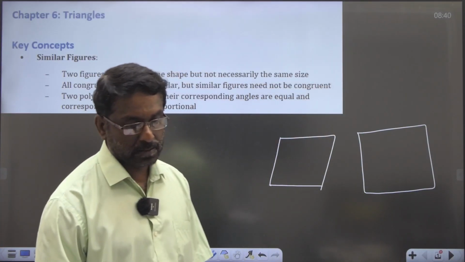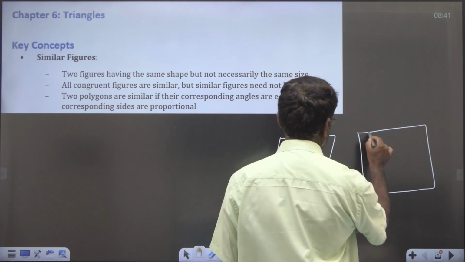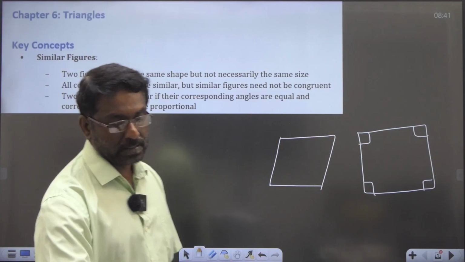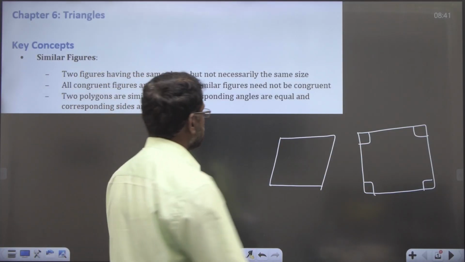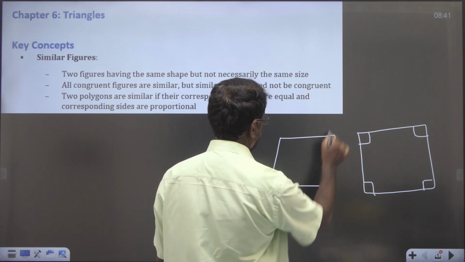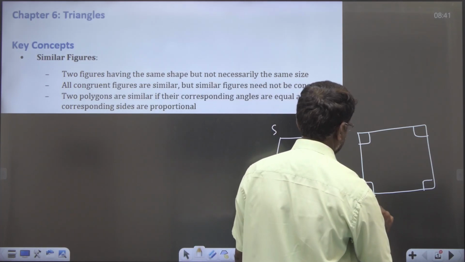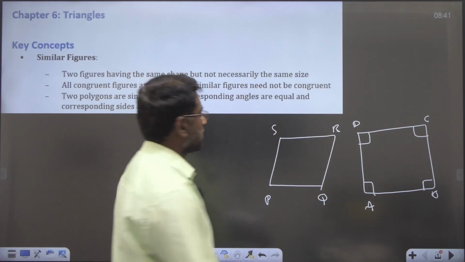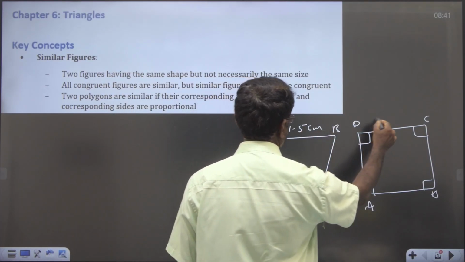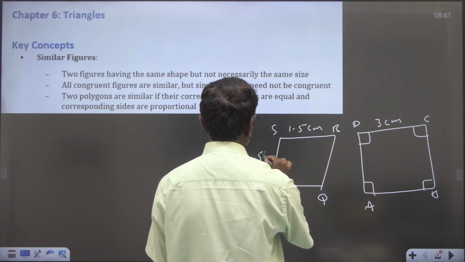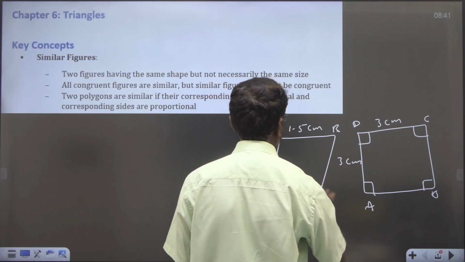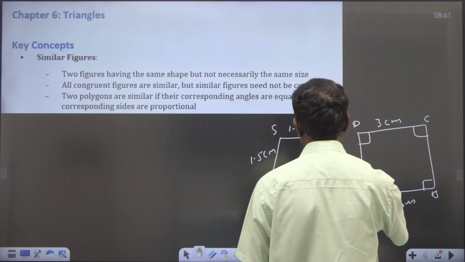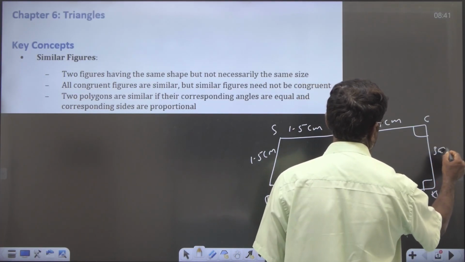These are two figures, PQRS and ABCD, with sides 1.5 centimeter and 3 centimeter.